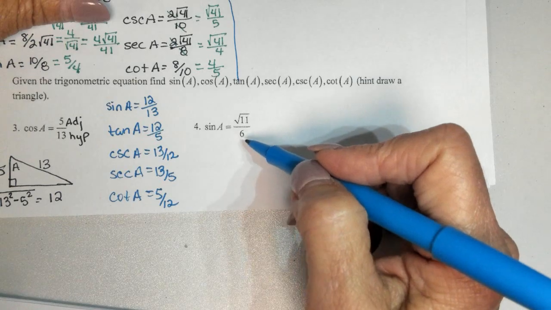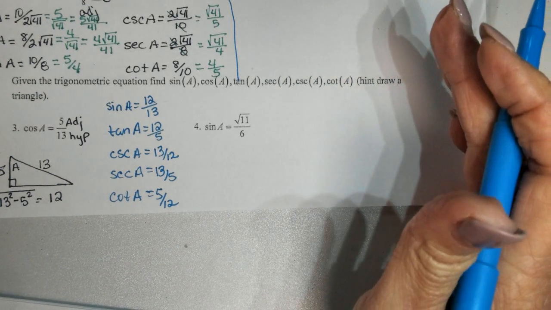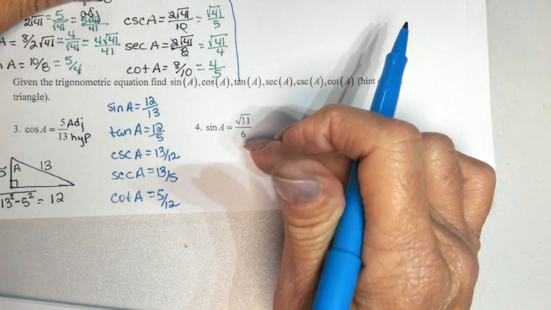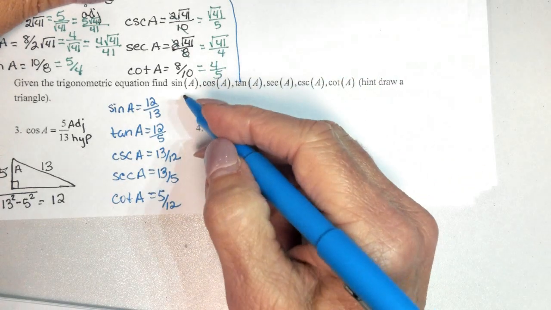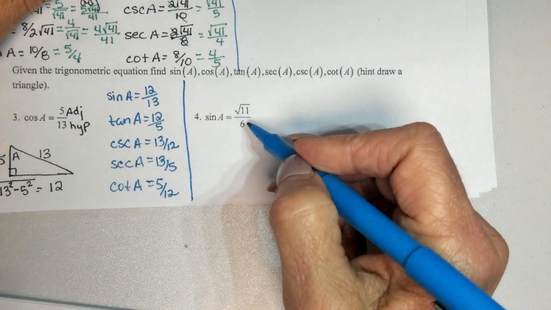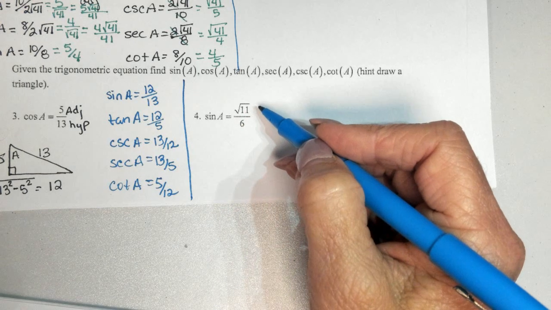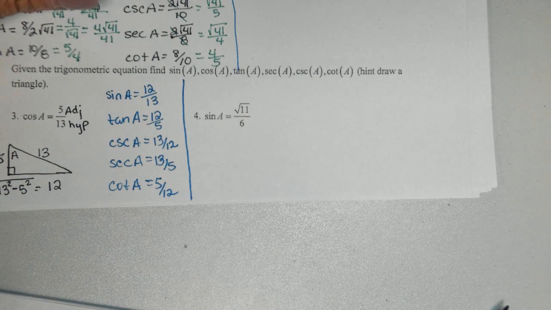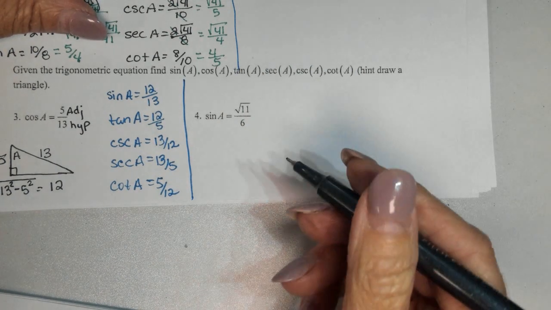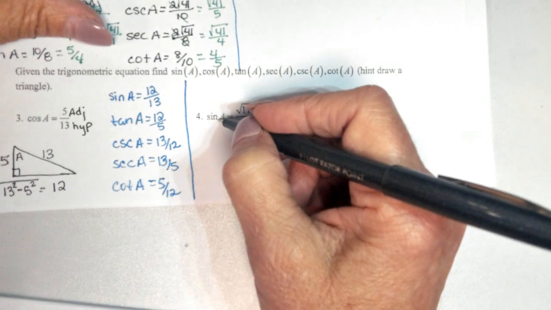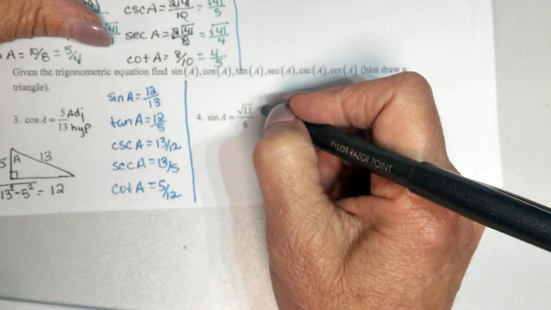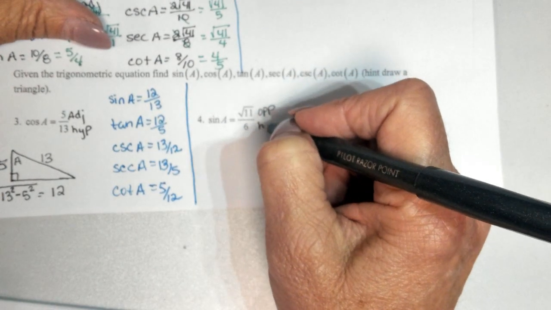Number 4 is the exact same type of problem. I'm not going to do the whole thing, but I do want you to go ahead and solve to find the missing side. Because we have a radical, I want you to see that you do everything still the same way. Since this is our sine ratio, sine is opposite to hypotenuse.